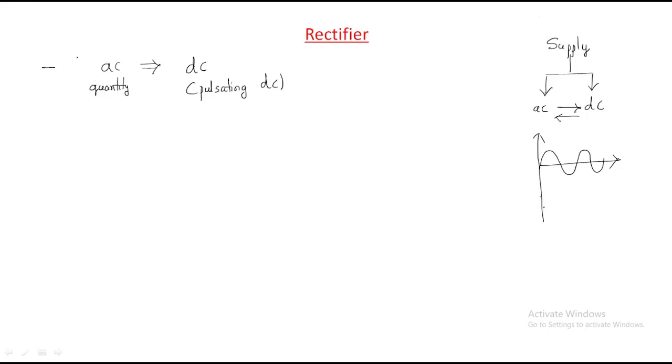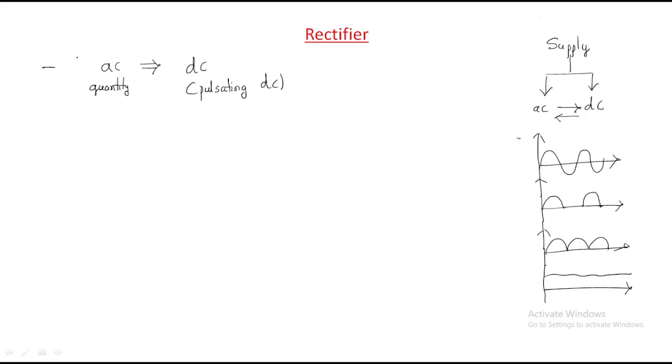We can convert it into DC like this. This is one format of conversion, and another DC is like this. By adding filters, we can convert it into a pure DC waveform like that.